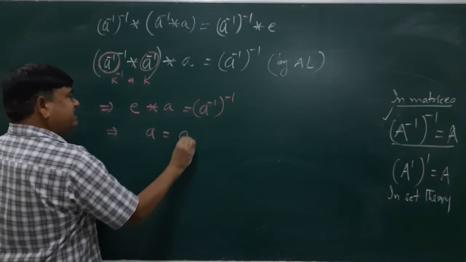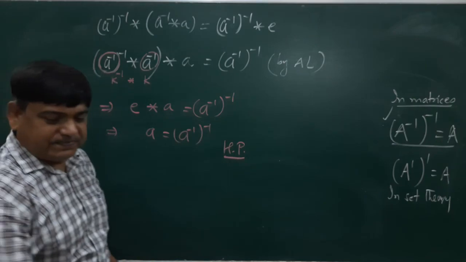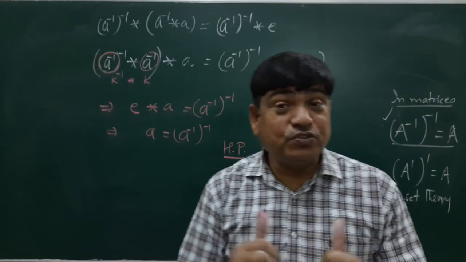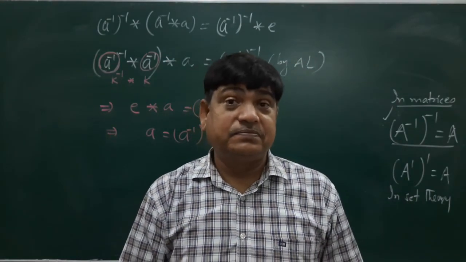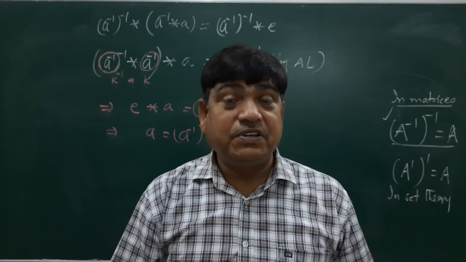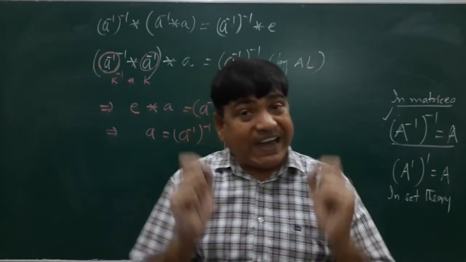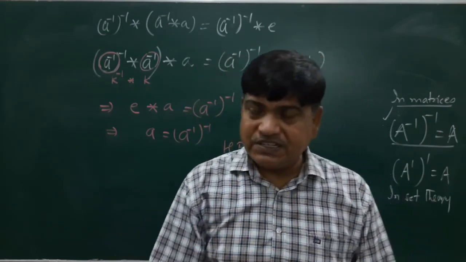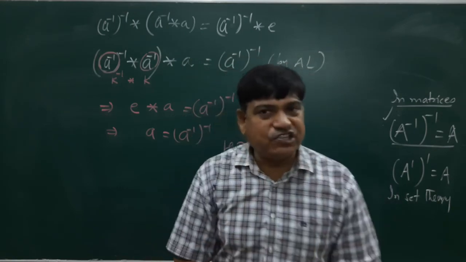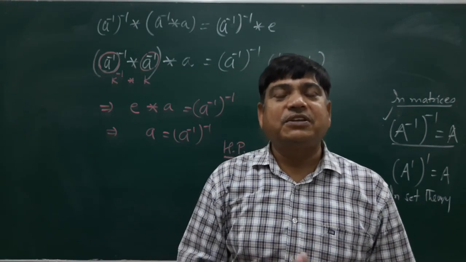This is a, hence proved. Okay, so this is the way to prove the given theorem. So try to learn how to prove the theorem by going through it word by word, find what is given and what is to be proved, apply the basic concept, practice on it, and find the answer. So I hope you have understood. Thank you very much. Jai Hind.